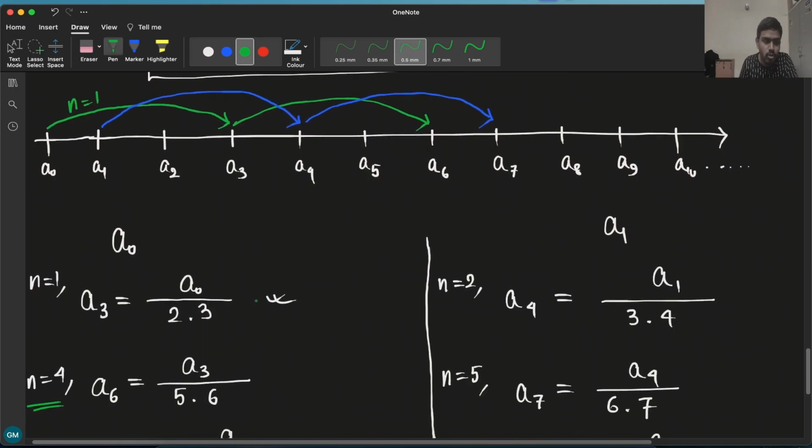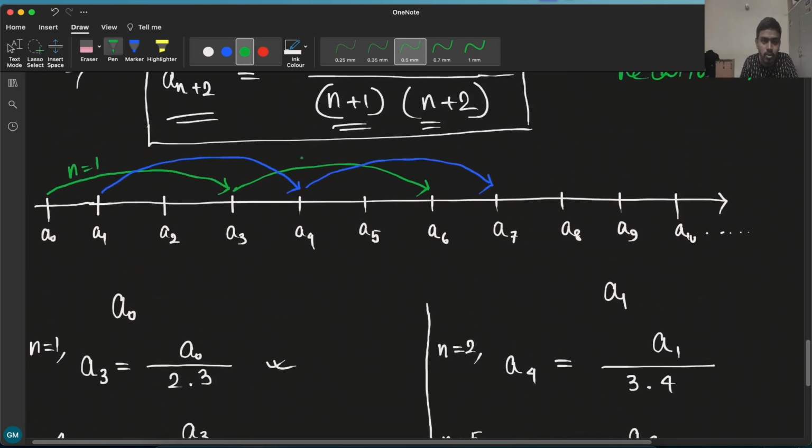To go from A3 to A6, we put n equals to 4. Here we put n equals to 2, and here we put n equals to 5.